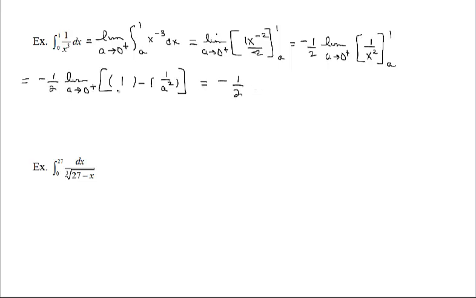Ready to plug in the limit, or plug in the 0, I should say, evaluate the limit, so I can drop the limit statement. So I've got the -1/2 times, well, that's just going to be 1 minus 1 over, okay, and if we think about plugging in 0, we're going to get another undefined situation.